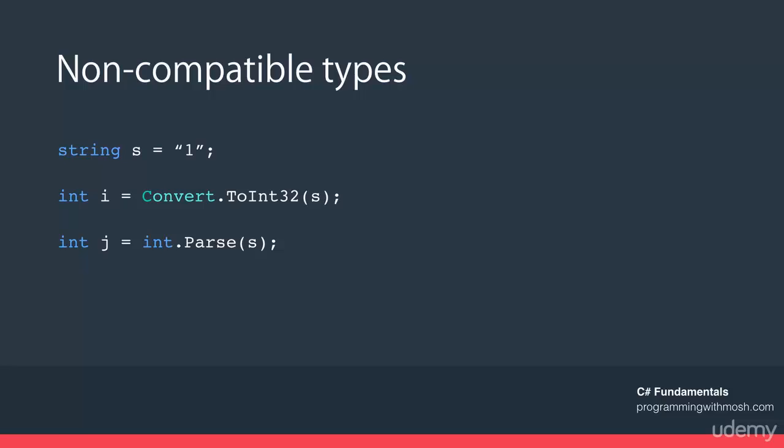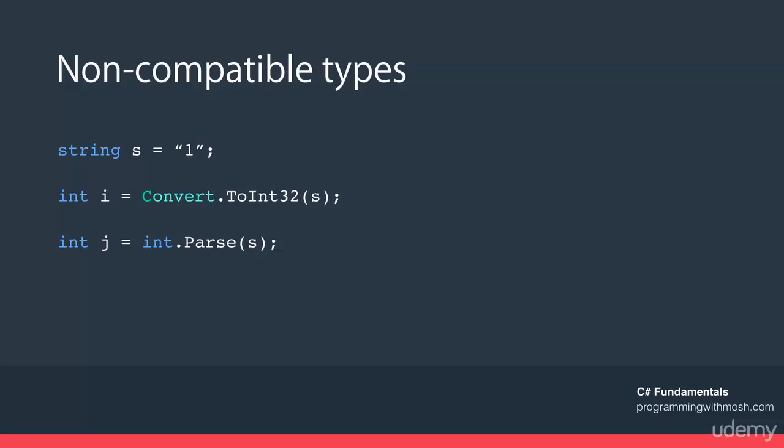Remember, a byte is 1 byte, a short is 2 bytes, an integer is 4 bytes, and a long is 8 bytes. You probably know that each byte has 8 bits. So an integer which has 4 bytes times 8 bits ends up being 32 bits. That's why it's called ToInt32. And Int16, which represents 16 bits, equals short, which is 2 bytes.